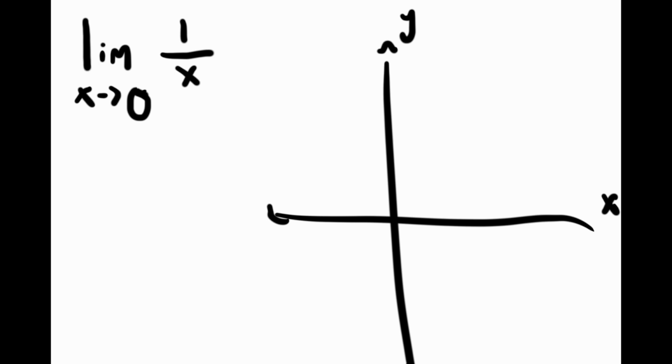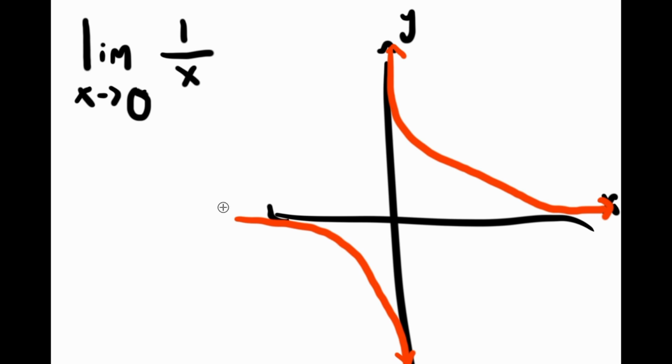And if you've taken Calc 1 before, or you understand pre-calculus pretty well, you already understand that for this function specifically, 1 over x, it's just going to look like this. It's basically going to be asymptotic at x equals 0, as we can see here.